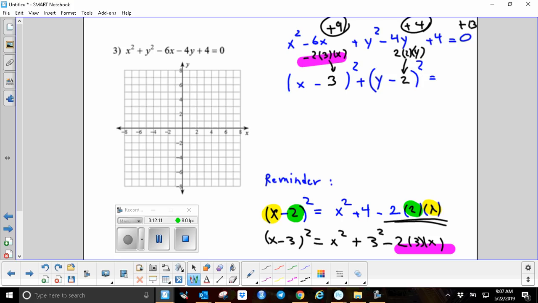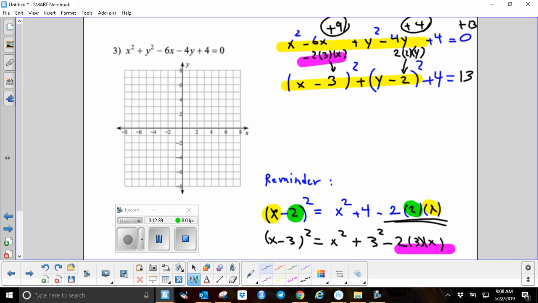So watch. All of this became this. Plus 4 equals 13. 0 is what? 13.